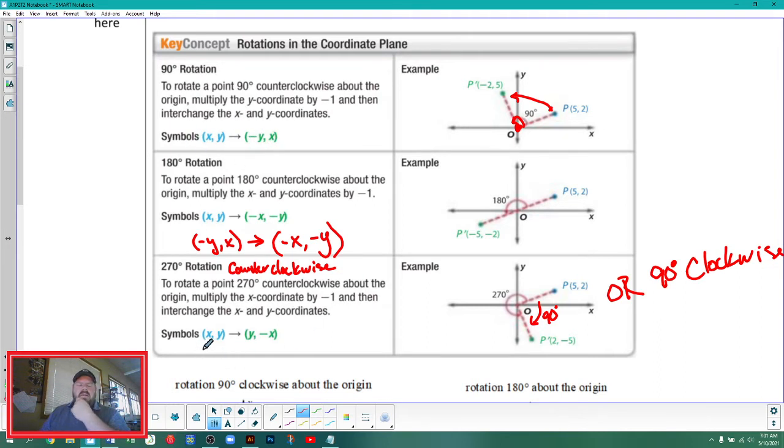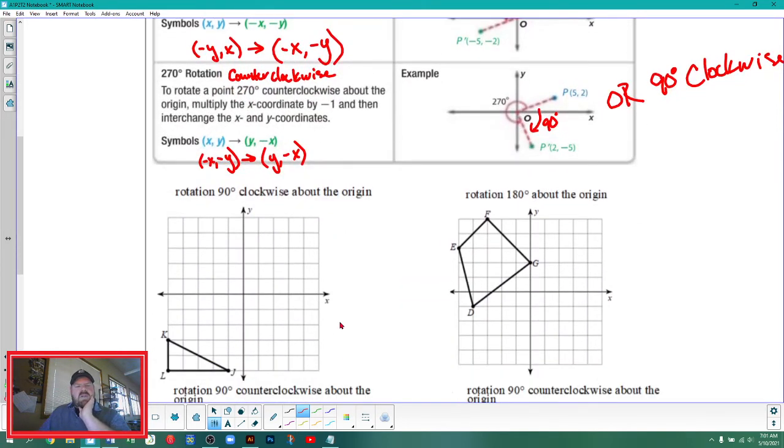Or, like I said, you could take your (-x, -y) from the 180-degree rotation and rotate it 90 more degrees. Make the thing in the y its opposite. The opposite of negative y is positive y, and then I switch positions. So (y, -x).